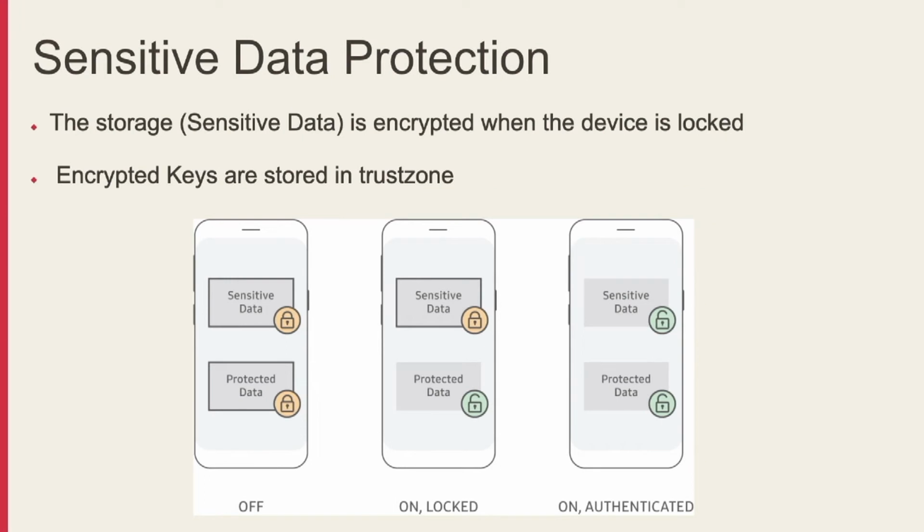After the Galaxy S9, Samsung equipped the storage with encryption by default. Only after the first time unlocking the screen, the storage gets decrypted. The encryption key is stored in the trustzone application. We cannot decrypt the storage without unlocking the phone, even if we have root privilege.